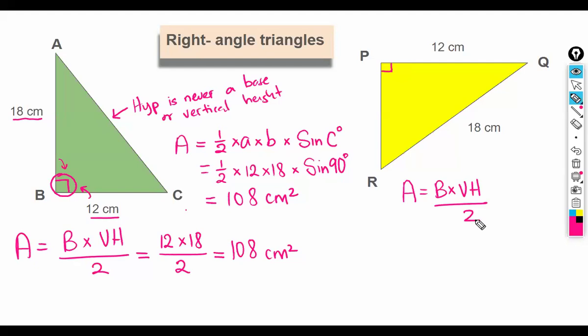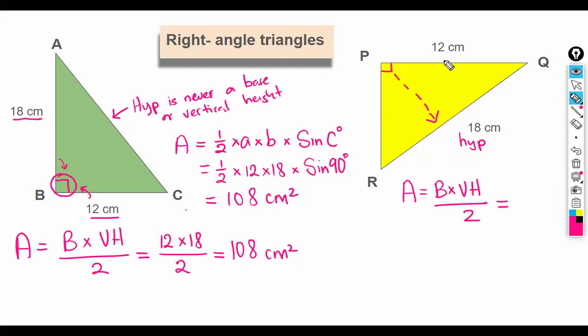I don't think we can use it, because isn't the side opposite the right angle the hypotenuse? So remember, we mentioned, oh, I still have the note on the screen. The hypotenuse is never a base or a vertical height.